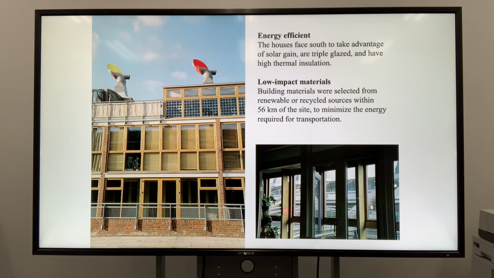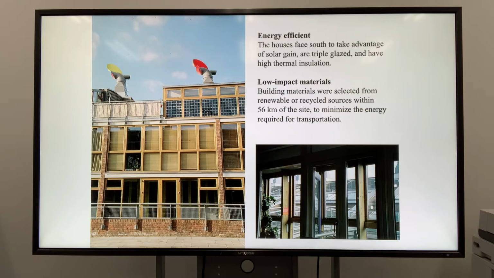In terms of sustainable development, of course, one of the biggest components they have to think of is energy efficiency. What they do in this area is that the houses face south, taking advantage of the solar gain. If you are facing south, you are naturally getting the light from the sun.